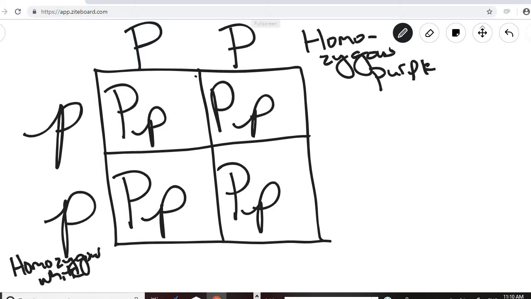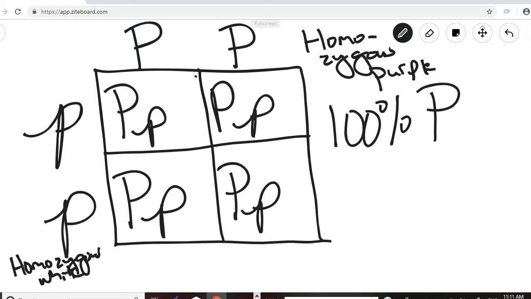So this tells us what the offspring would look like, and it tells us the potential of the offspring every time a cross takes place. So this says that 100% of the offspring are capital P, lowercase p.